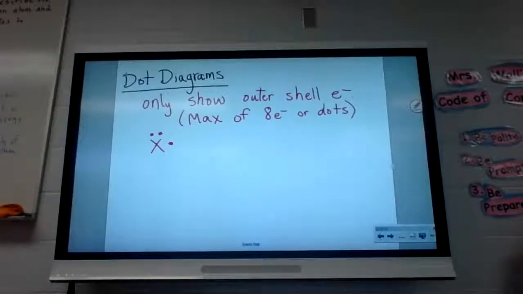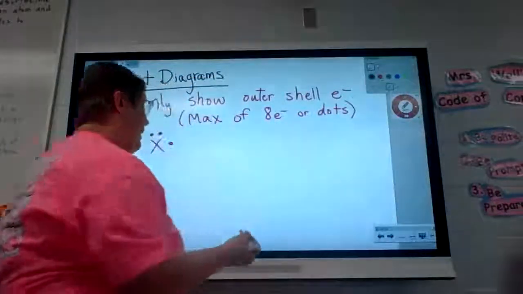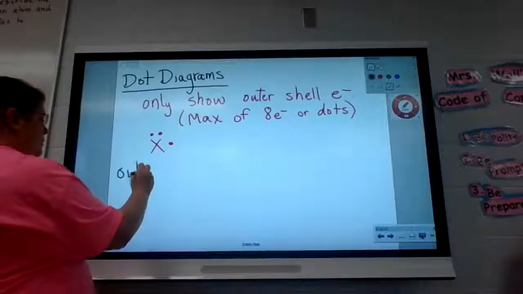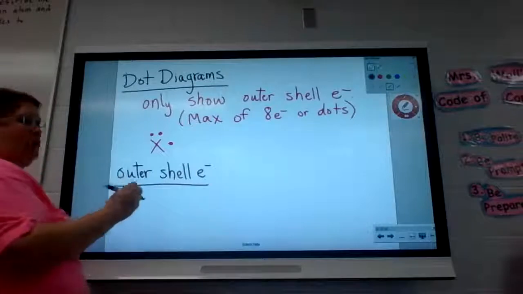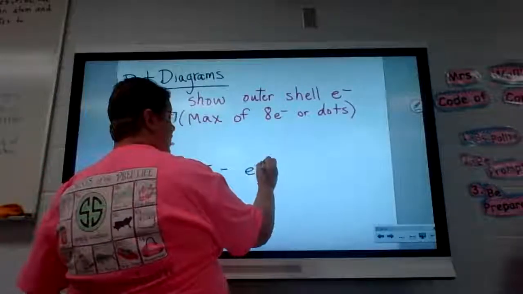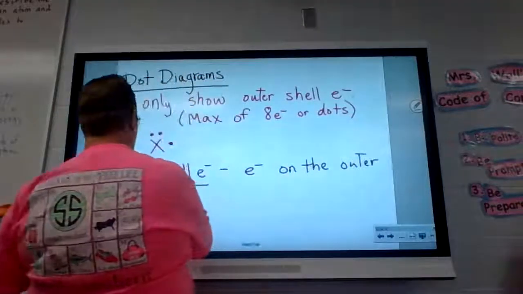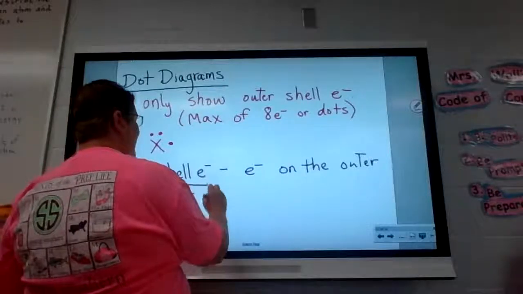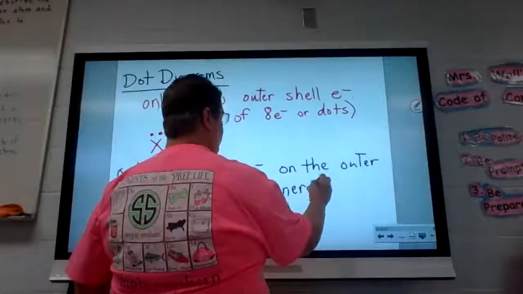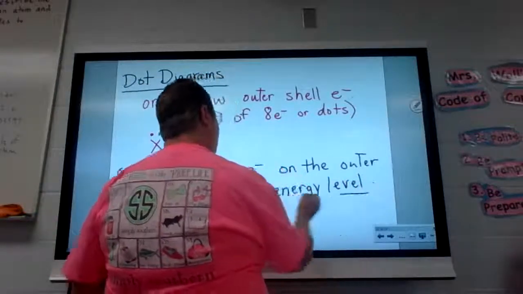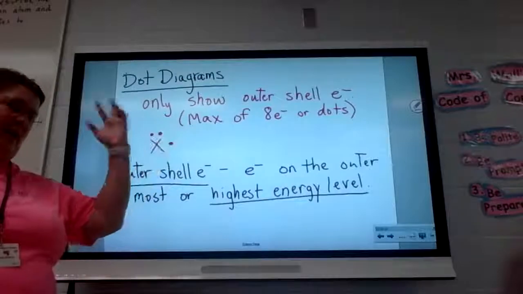So, to finish today, what is an inner shell and an outer shell electron? An outer shell electron is the electron on the outermost, or highest, energy level. The highest energy level is the way we're going to think of it. I said outermost ring because most of y'all can picture that in your head.